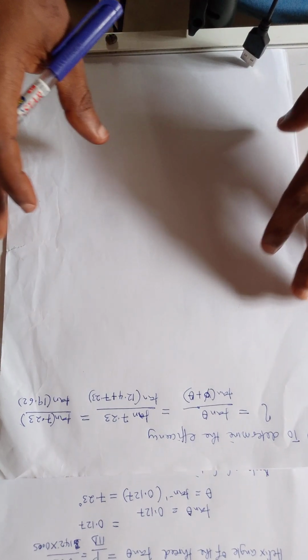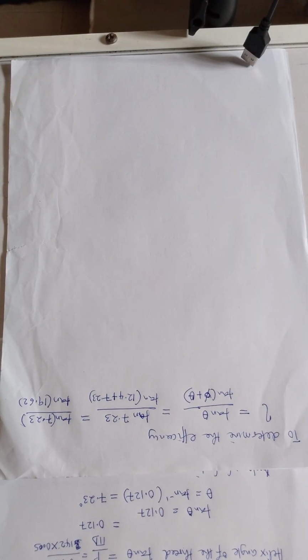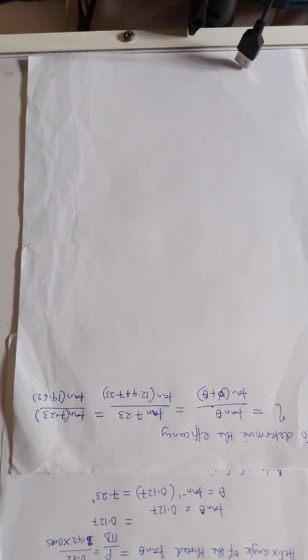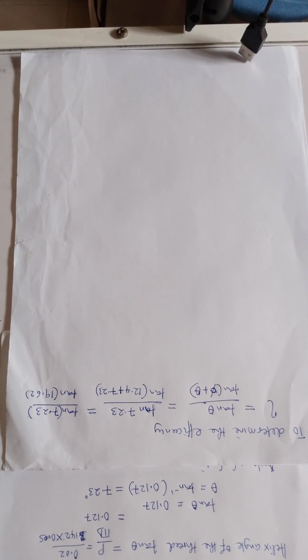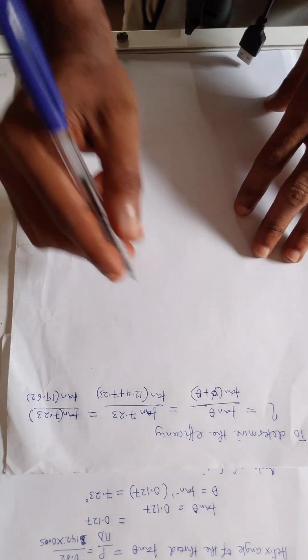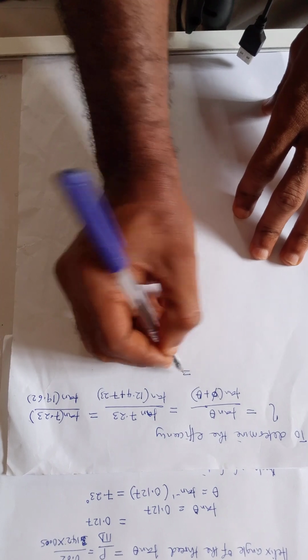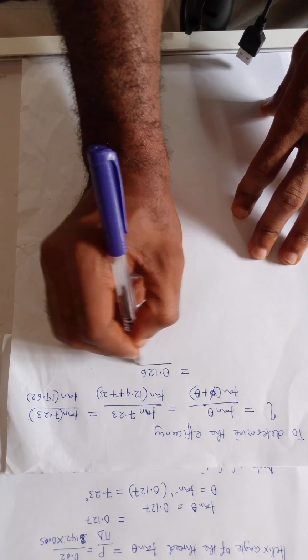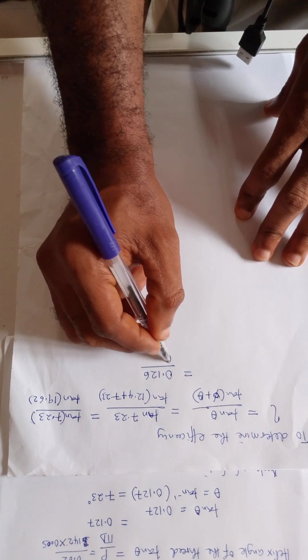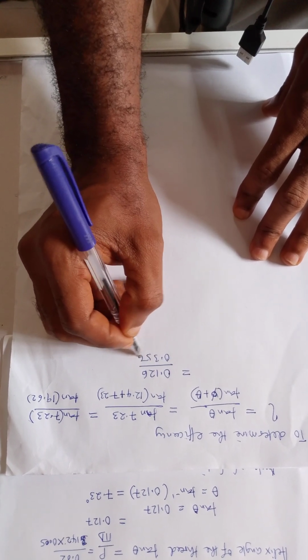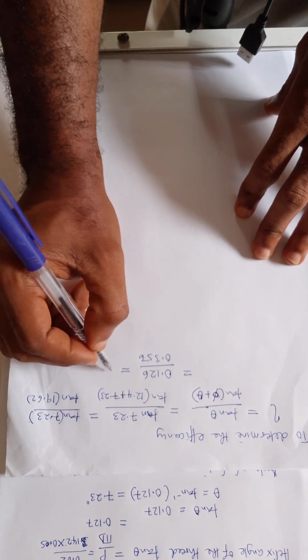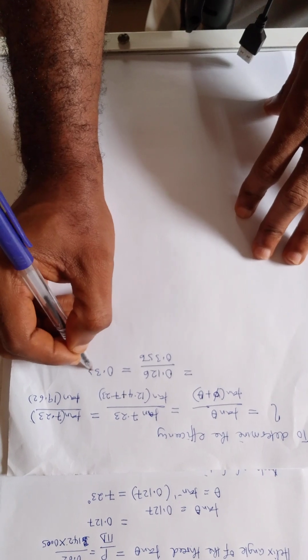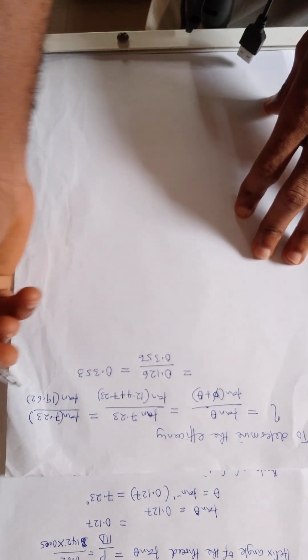When we calculate this, we are going to have 0.126 divided by 0.356. This will give us 0.354.